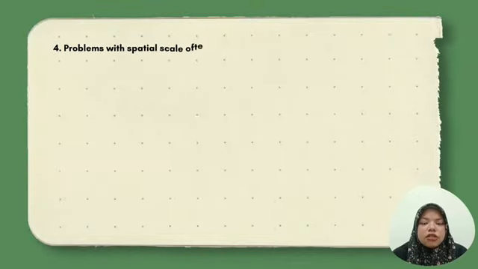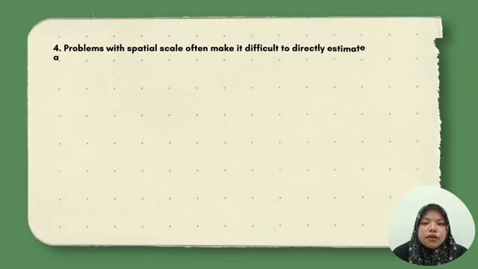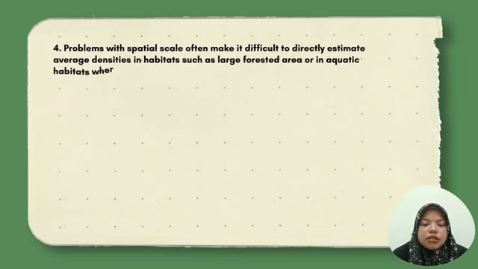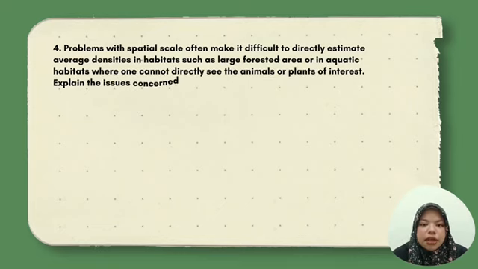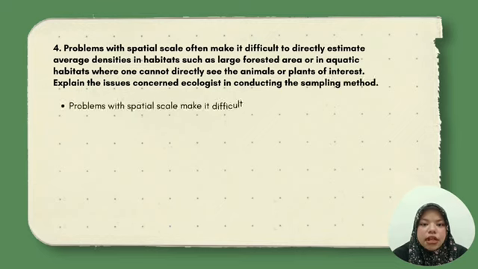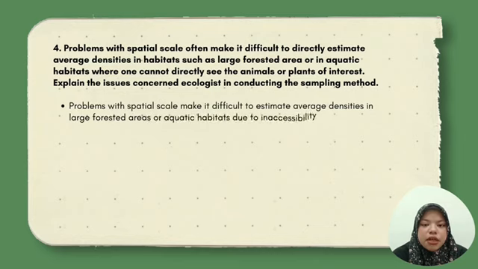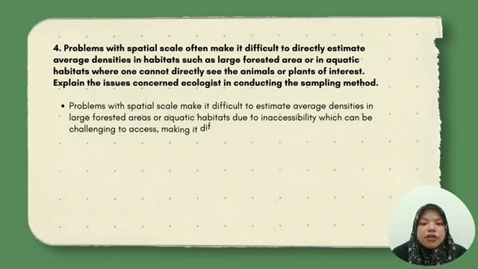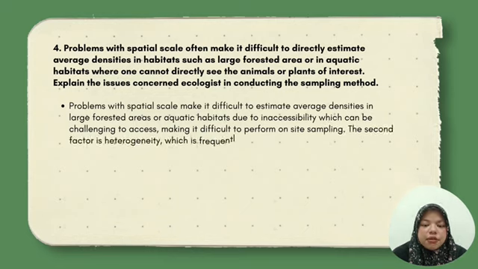Another factor is heterogeneity, which is frequently strong in these ecosystems and characterized by variance in the vegetation, microhabitats, or water quality. The distribution and abundance of organisms may be affected by this heterogeneity, which makes it difficult to collect representative samples.